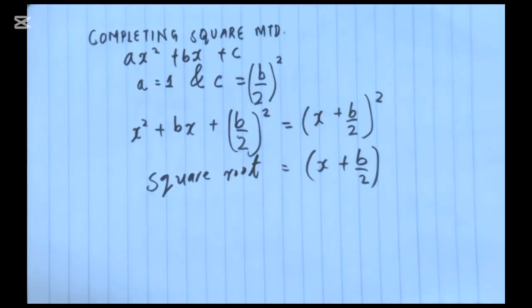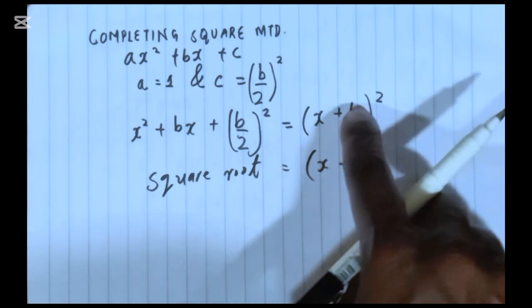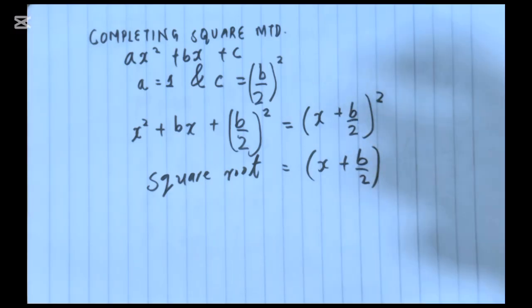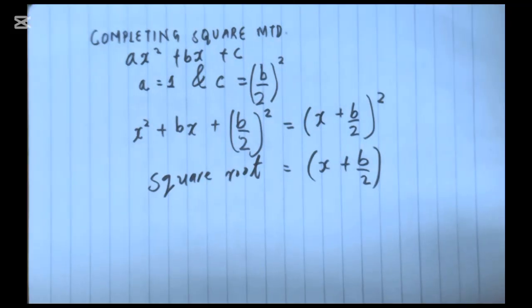So when you find the square root of x plus b all over 2 squared, this is what becomes our square root. So we are going to use this knowledge of how to complete squares of quadratic expressions and equations to actually solve actual equations. And so let's handle our first example.